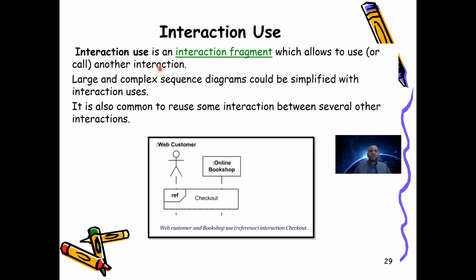It means that, for example, here you can see a checkout interaction, it has been modeled somewhere else separately, but now you are referring to it over here.